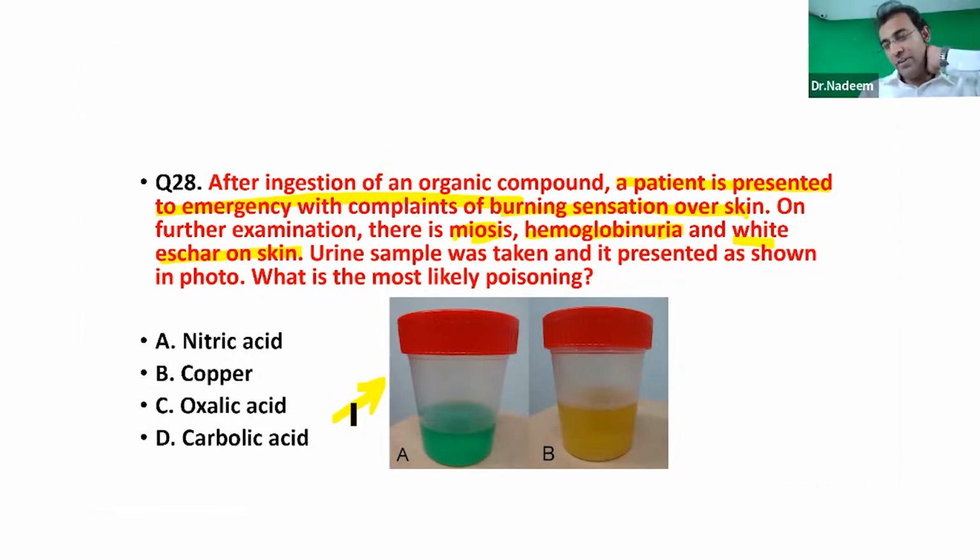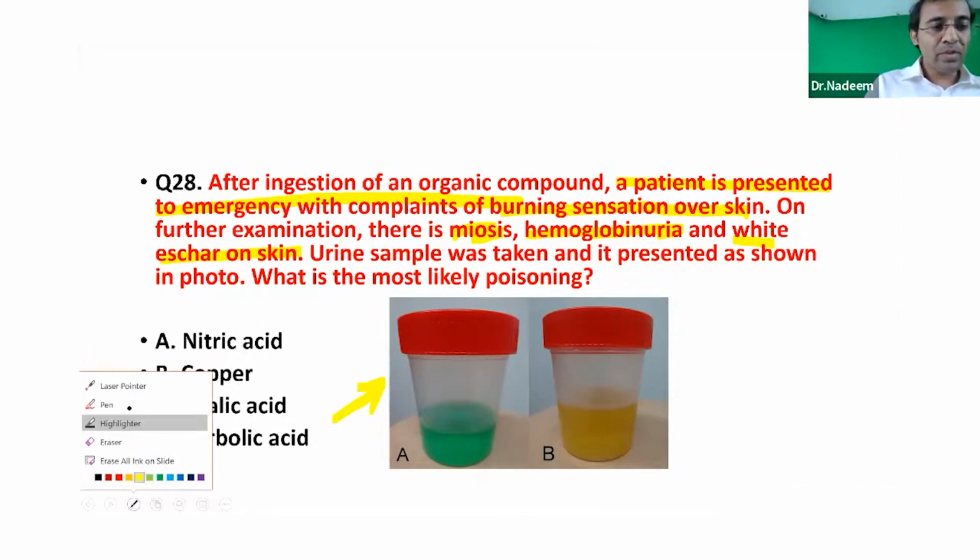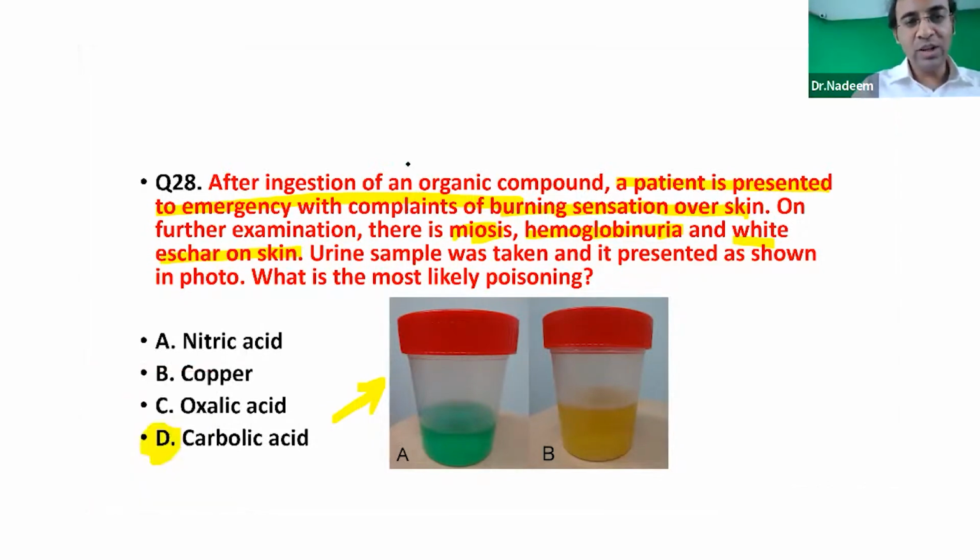Phenol poisoning, also called carbolic acid poisoning. Please understand one important question related to carbolic acid or phenol poisoning. In all acidic poisoning, gastric lavage should not be performed. Gastric lavage is contraindicated in all acidic poisoning except carbolic acid, except phenol. Easy to understand?